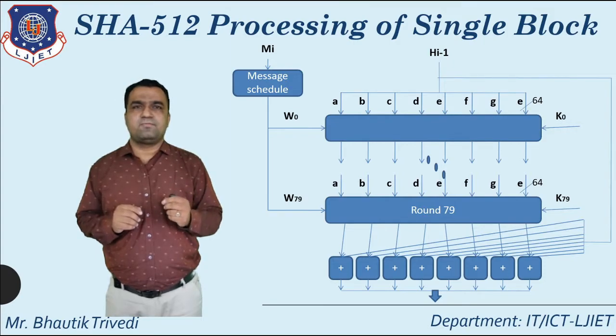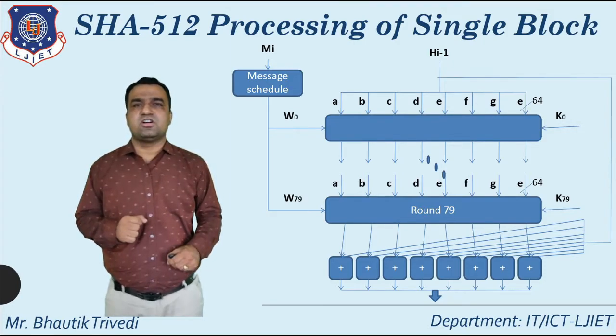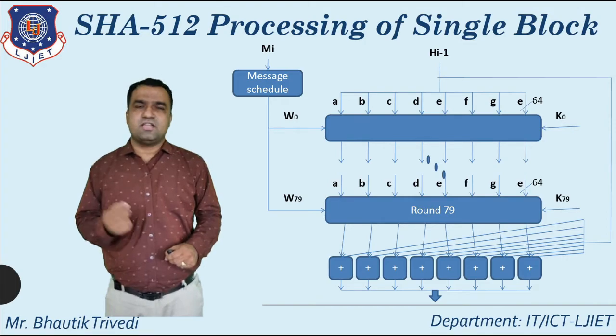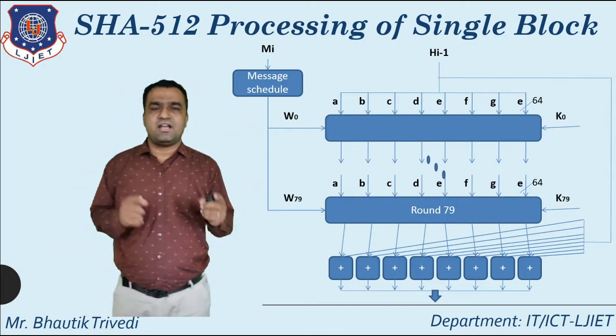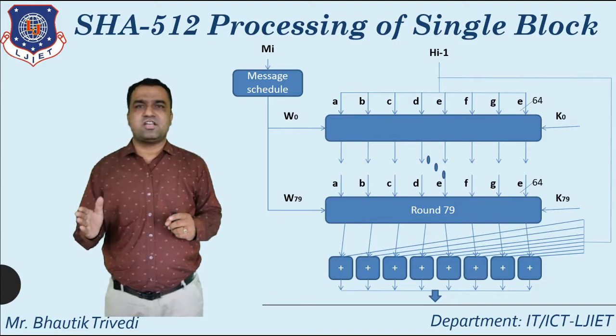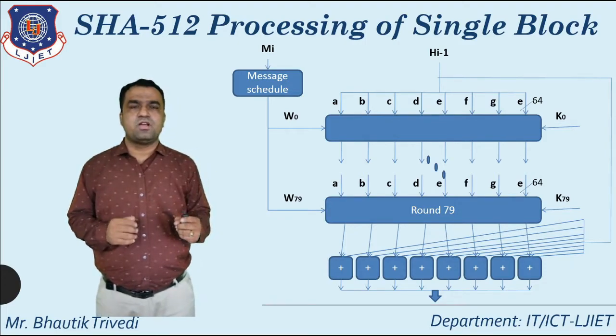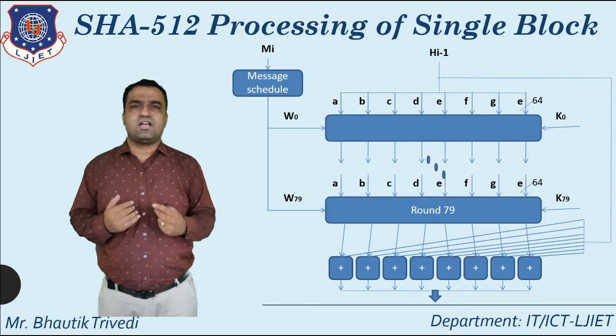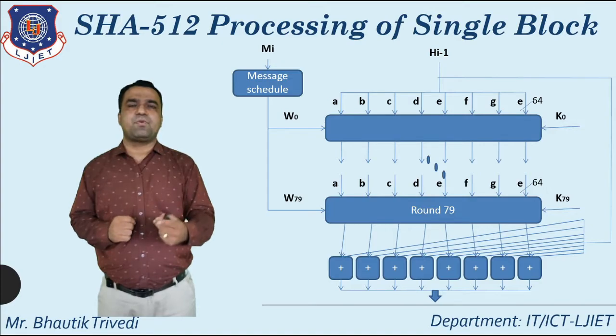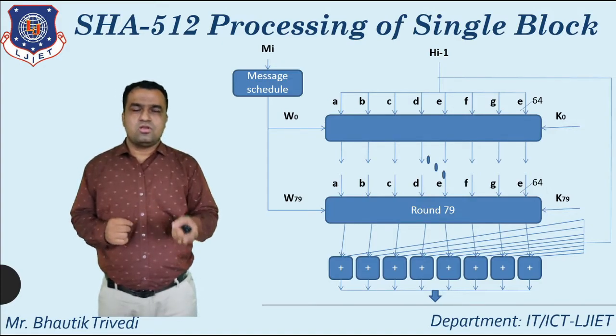First, initialize with the intermediate hash value, which is passed to round 0. In round 0 processing, you pass W0 as an input, K0 as an input, and the hash buffer as an input. Whatever output you generate is directly passed to step number 2.